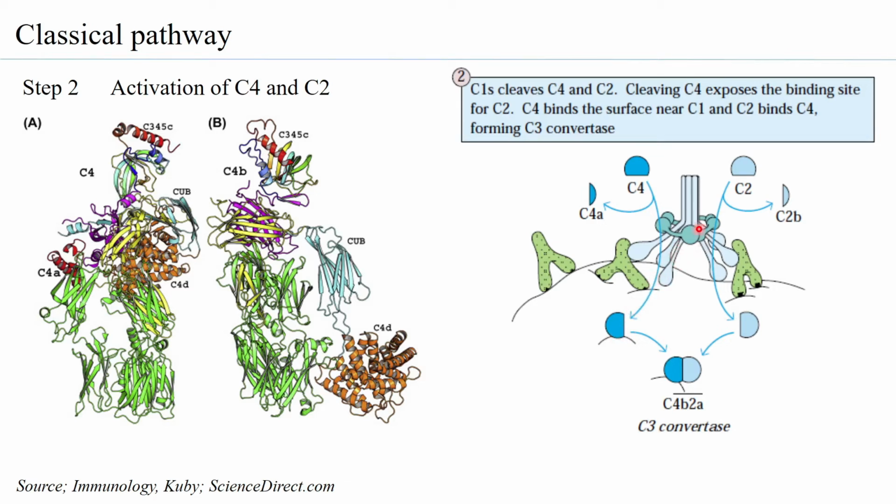So C1s is again going to cleave C2 to give rise to C2a and C2b. This is one of the rare complement components in which the C2b is considered to be the smaller subunit, and that diffuses away while C2a remains bound to C4b.